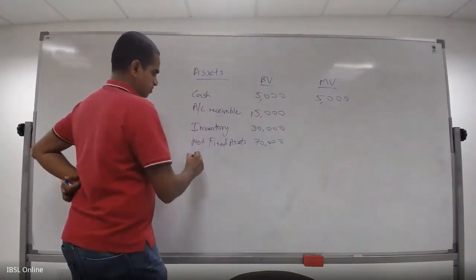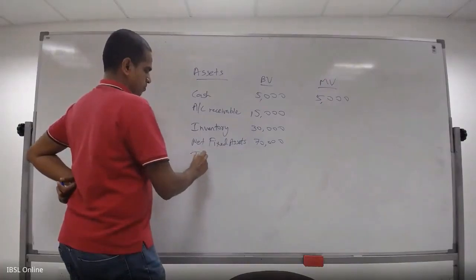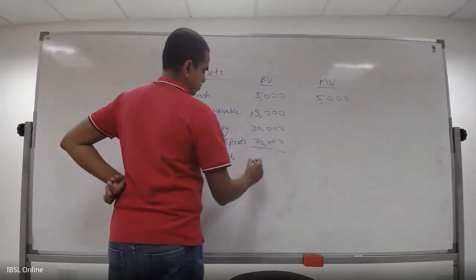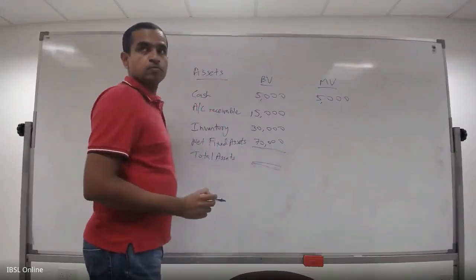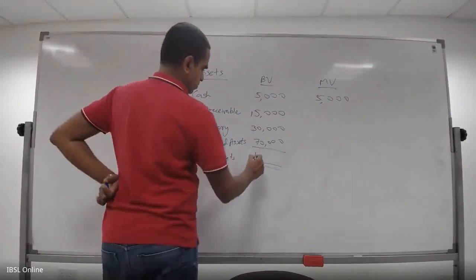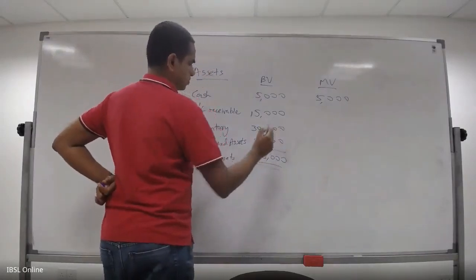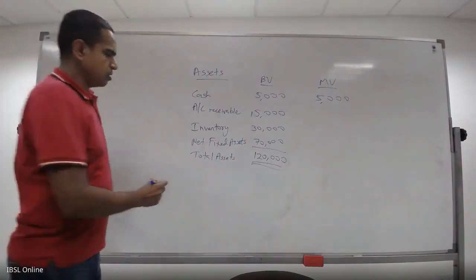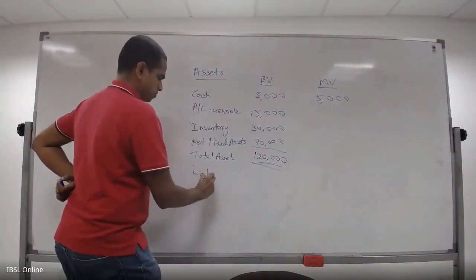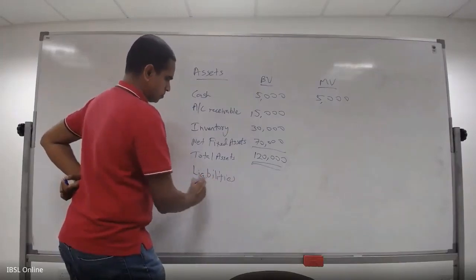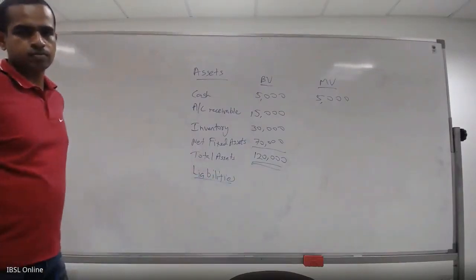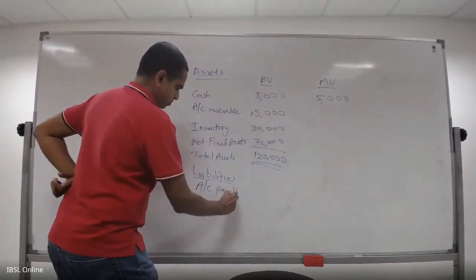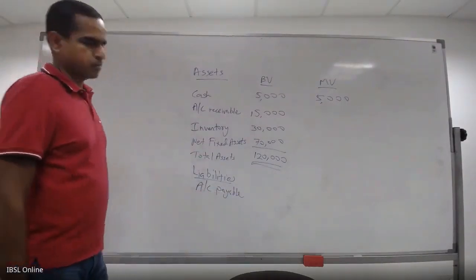Total assets: $120,000. Then the liabilities. Accounts payable: $20,000.